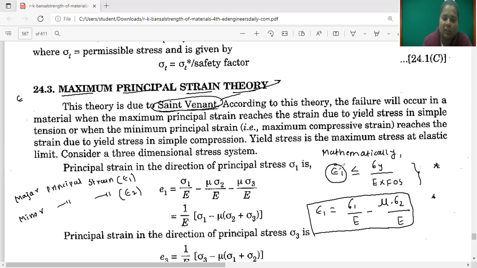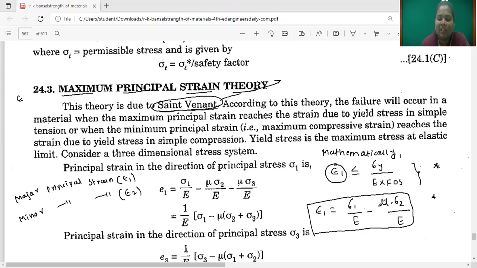Okay. So this theory states that failure will occur when the major principal strain, or maximum principal strain, reaches the yield strain in simple tension. That means epsilon 1 should be less than or equal to yield stress divided by E into factor of safety.